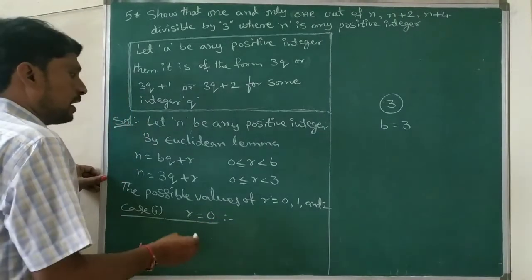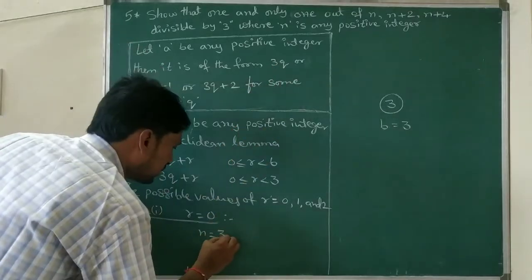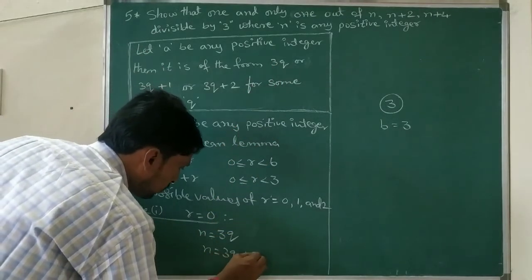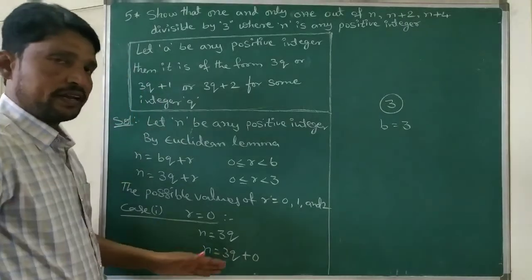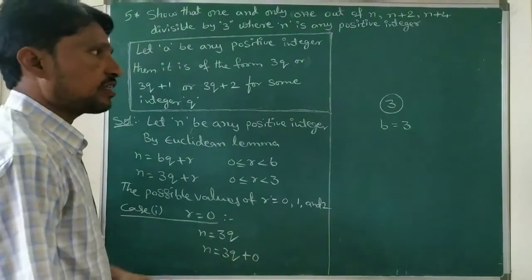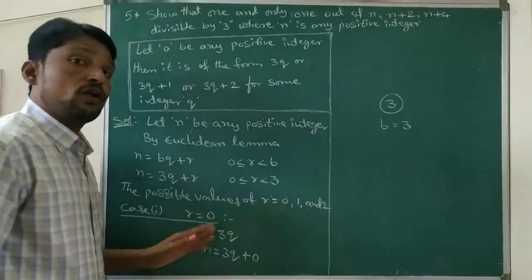So here n equal to 3q plus 0. Here 0 is the remainder. Otherwise we can also say n is a multiple of 3.